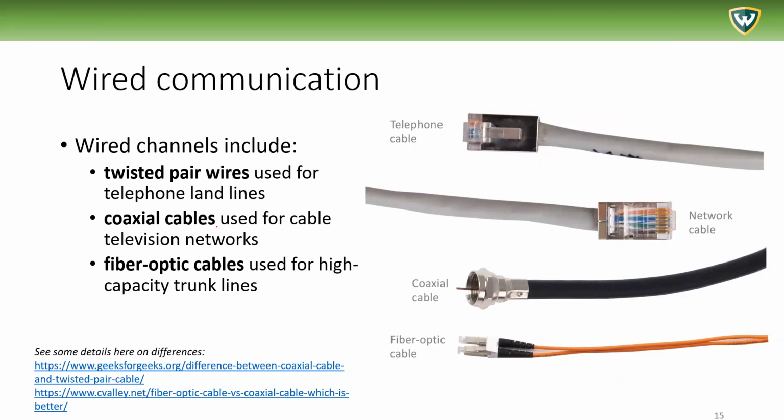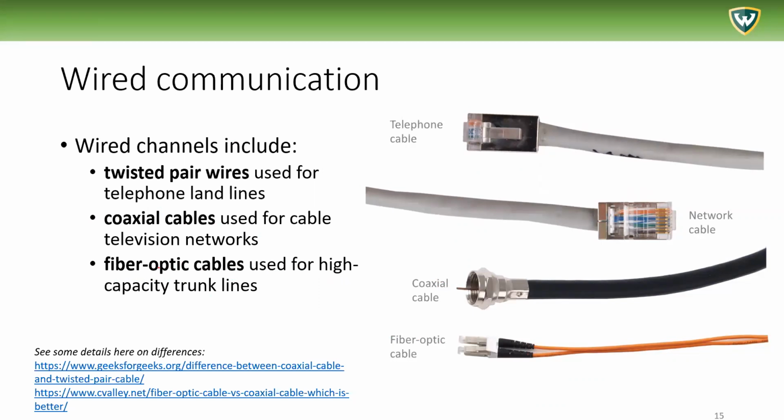There are the coaxial cables used for cable television networks and also broadband communication. They have a greater bandwidth, so they enable more information to be transferred per unit of time. And then there are the best of the best in terms of amount of data and speed that information can travel through, which are the fiber optic cables.